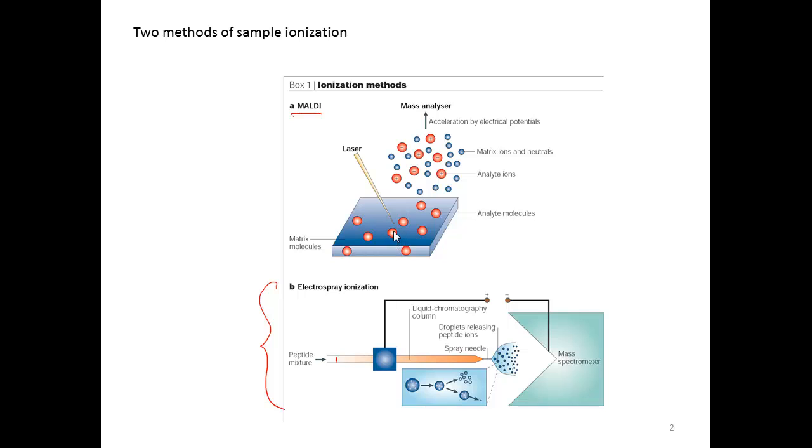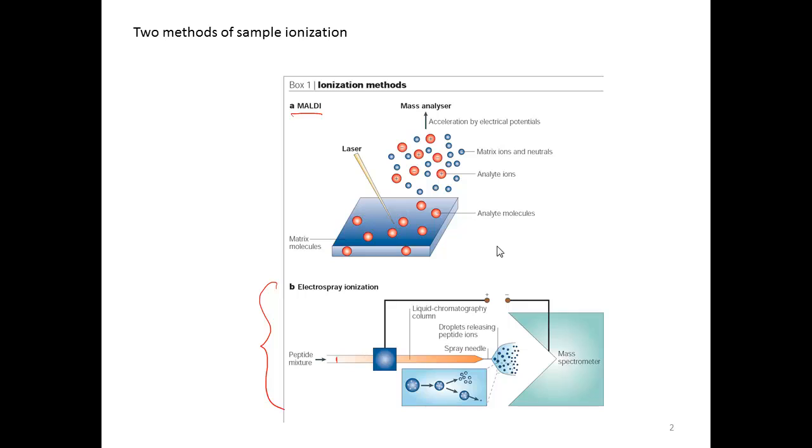You'll get a burst of vapor cloud that contains both matrix molecules and your peptides, which are once again positively charged, and they will be accelerated into the mass spectrometer by an electric field.